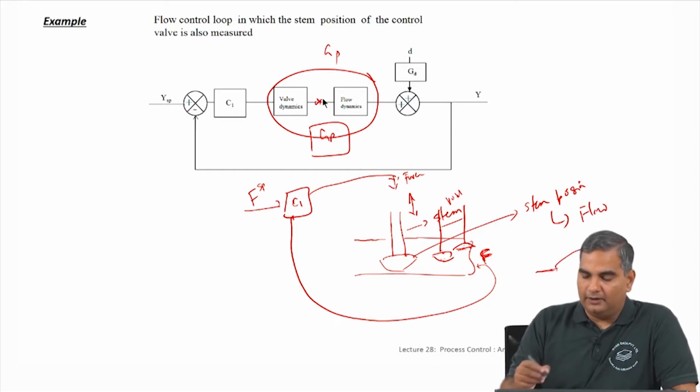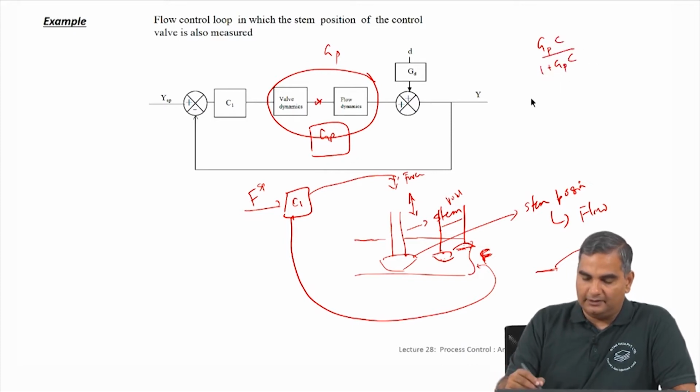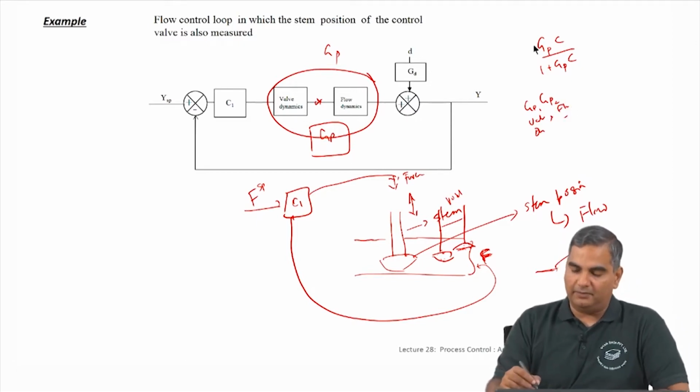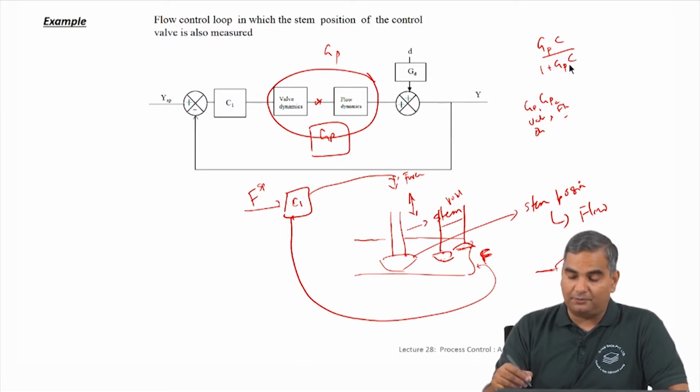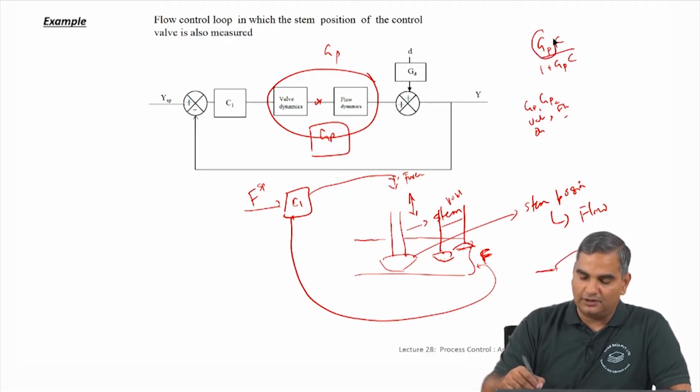Now, remember my closed loop transfer function is GPC by 1 plus GPC, and this GP is, I told you, GP1 GP2, which is in this case the valve dynamics times the flow dynamics. So, if I do not have any measurement here, basically this is the best performance I can get. And since this is the best performance I can get, I have actually designed a controller for this best performance. Now, the question is, if I want to improve my performance, I am not happy with it, what can I do? Somehow I have to change the GP.